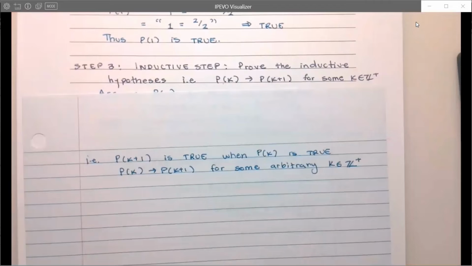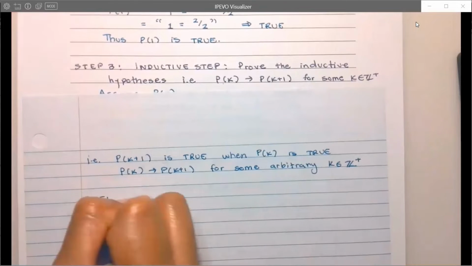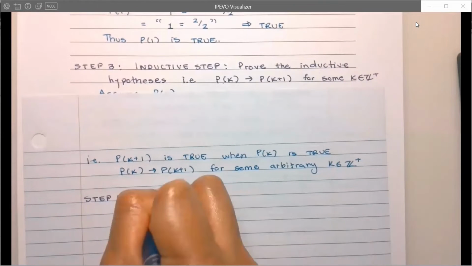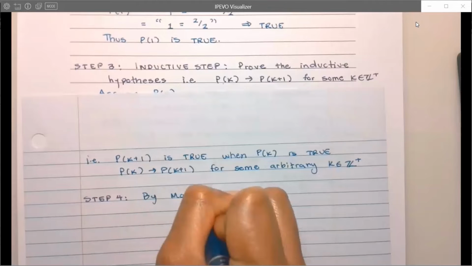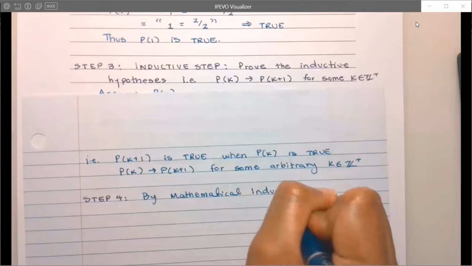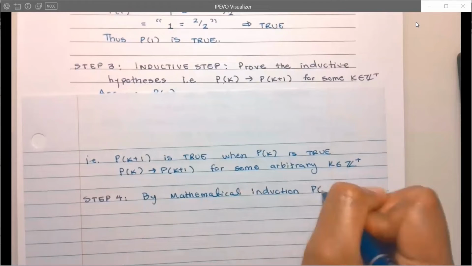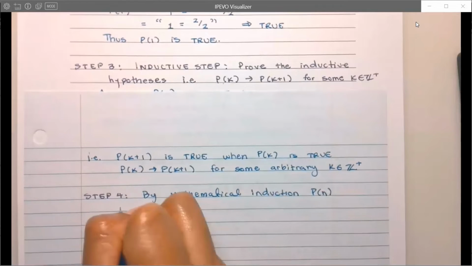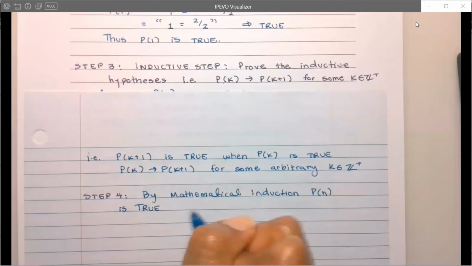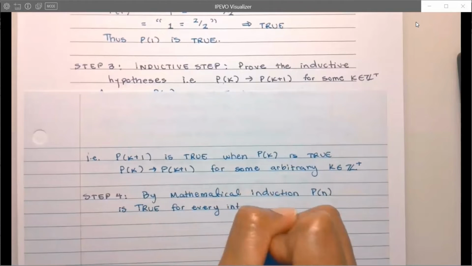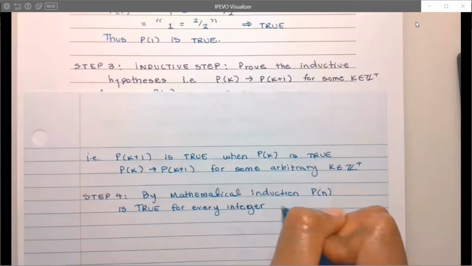So then the final step is our conclusion, in which we state, by mathematical induction, p of n, or p of k, usually once you make it to the last step, we write it as p of n. P of n is true for every integer n that is positive.